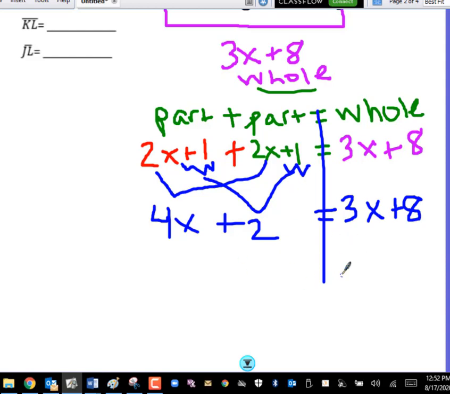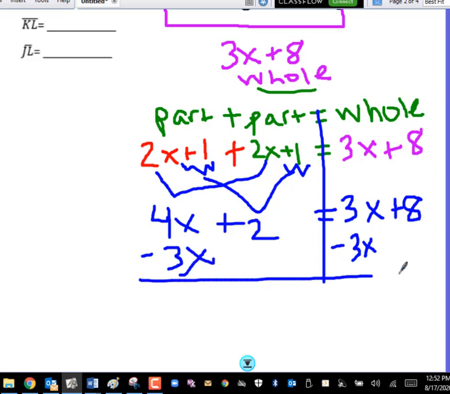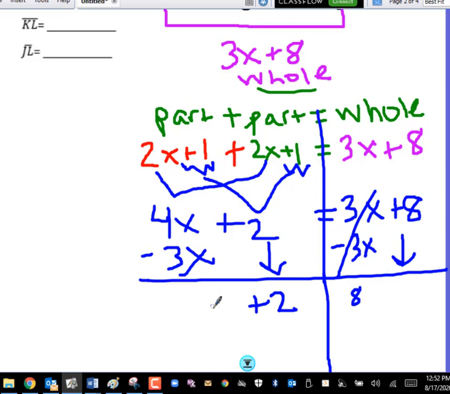Now I can start moving stuff. So I'm going to move the 3x to the other side. This is gone. 8's down here. The 2's here. 4x minus 3x is just 1x.